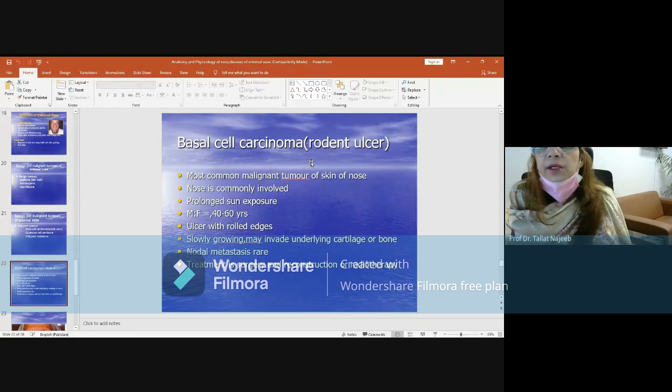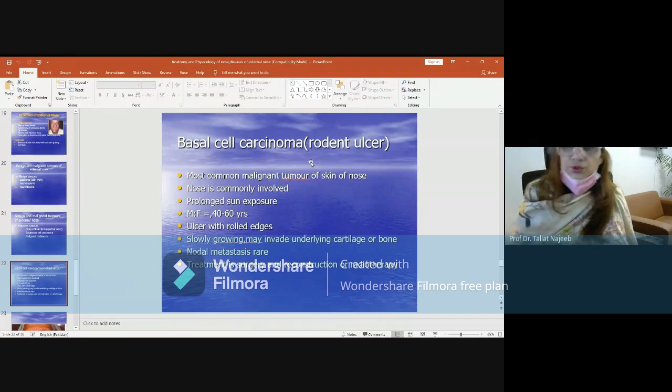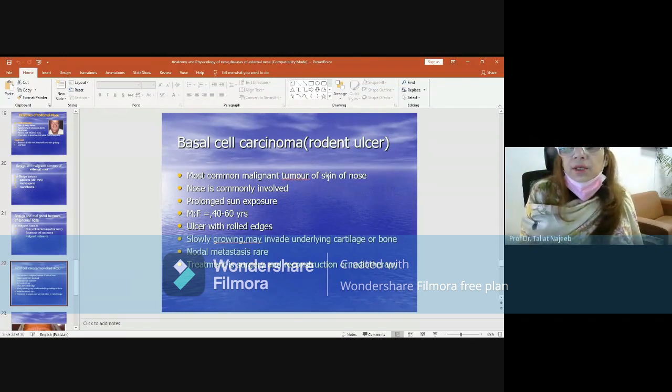Usually it is seen in old age and in people who are working in farms, farmers, or in sun exposed areas. Usually it is seen over the nose, bridge of nose. Nodal metastasis is rare. Slow growing tumor.